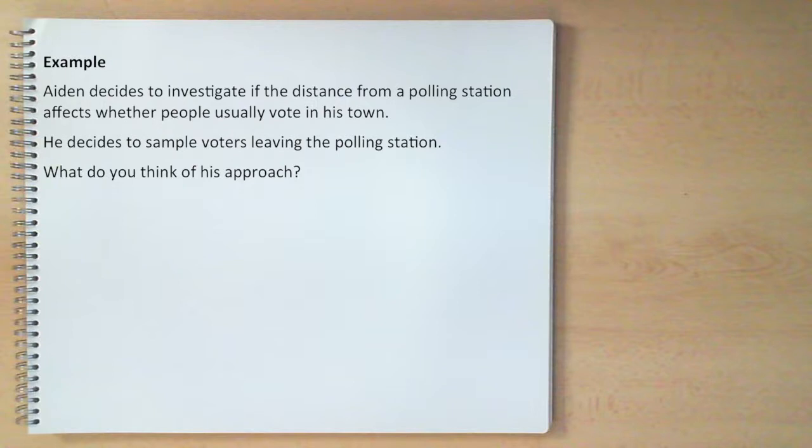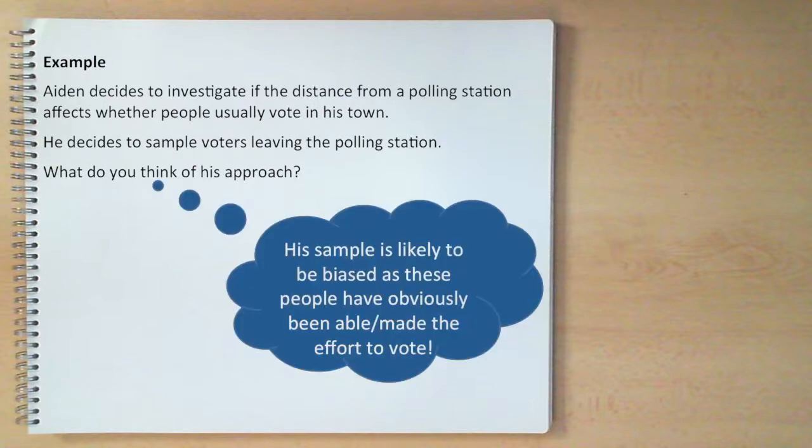He's looking to see whether it affects whether they vote or not, but he's only asking people who've made the effort to vote in the first place. So he's asking a group of people who the distance doesn't have an impact on. They've already voted. So that's leading to a very clear bias because he's not included any people in his sample who haven't voted. So how are we going to change this approach?